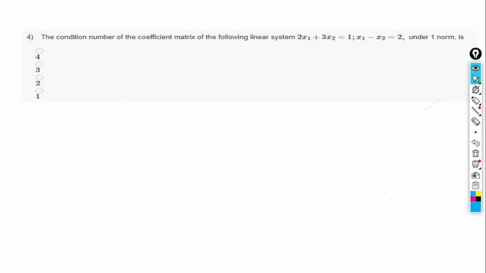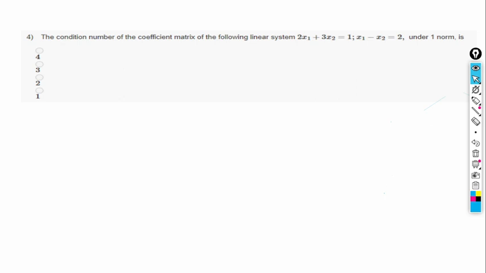Answer will be 4. Fine. So how do we get it? The system A is equal to matrix 2 3; 1 minus 1. Okay, so when you calculate norm A1, you will get max of columns. So max of column 2 plus 1, and from second column it is 3 plus 1. Okay, so you will get it as 4.